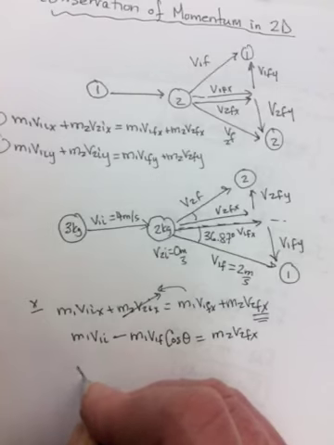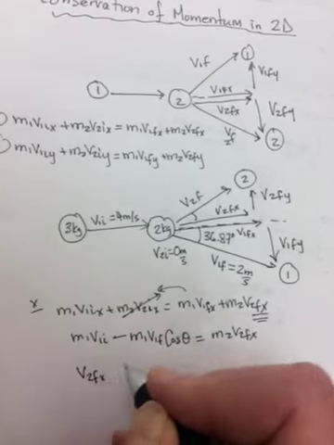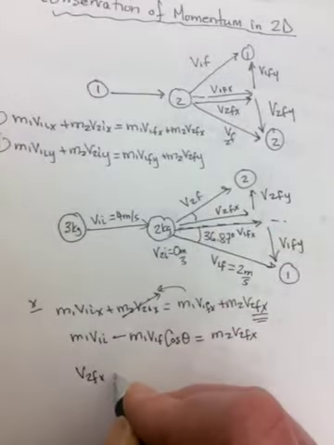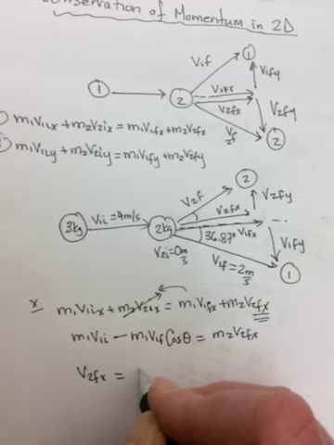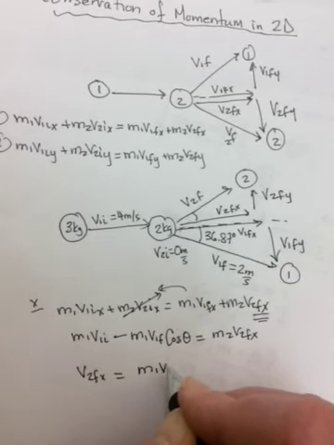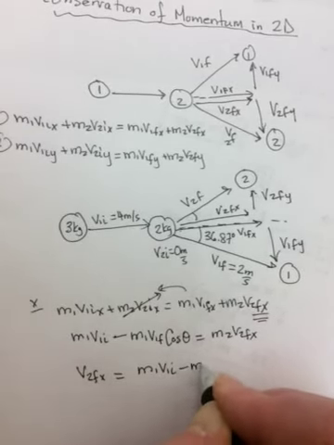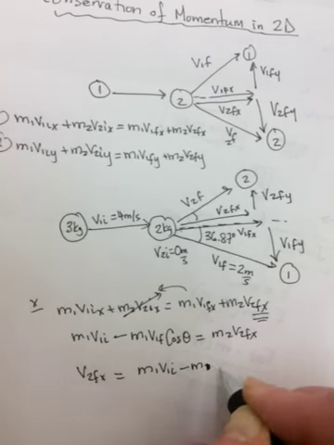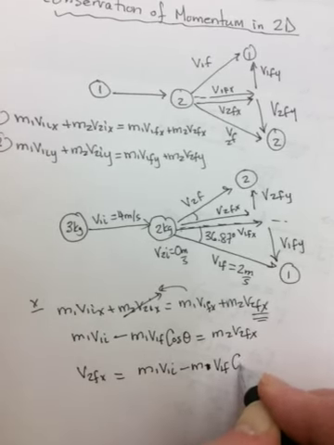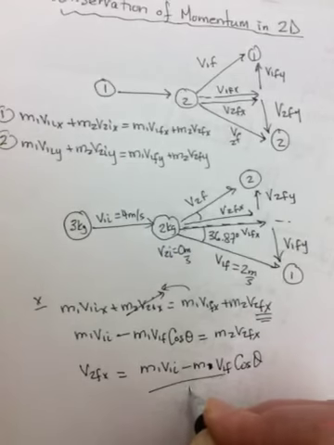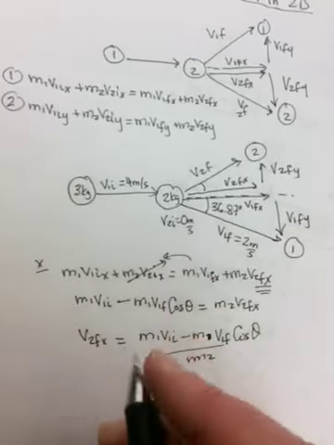I want the v2 fx alone. Don't break it down into cos theta because you don't know it's theta, so leave it as just v2 fx. Divide both sides by m2.